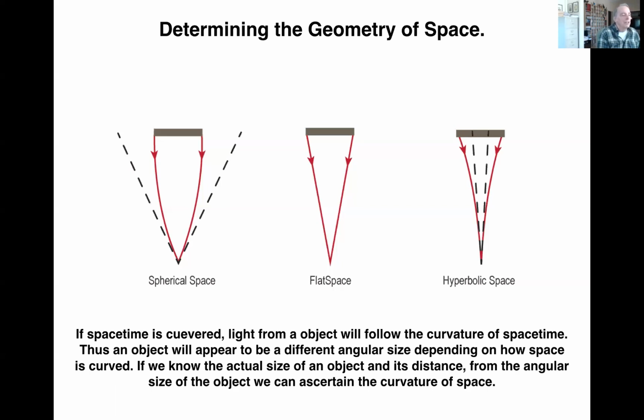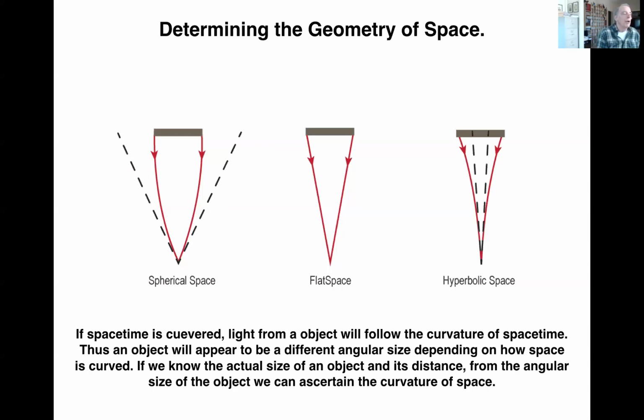And if we were in a negatively curved universe, the subtended angle would be smaller than what you'd compute if you were in flat space.